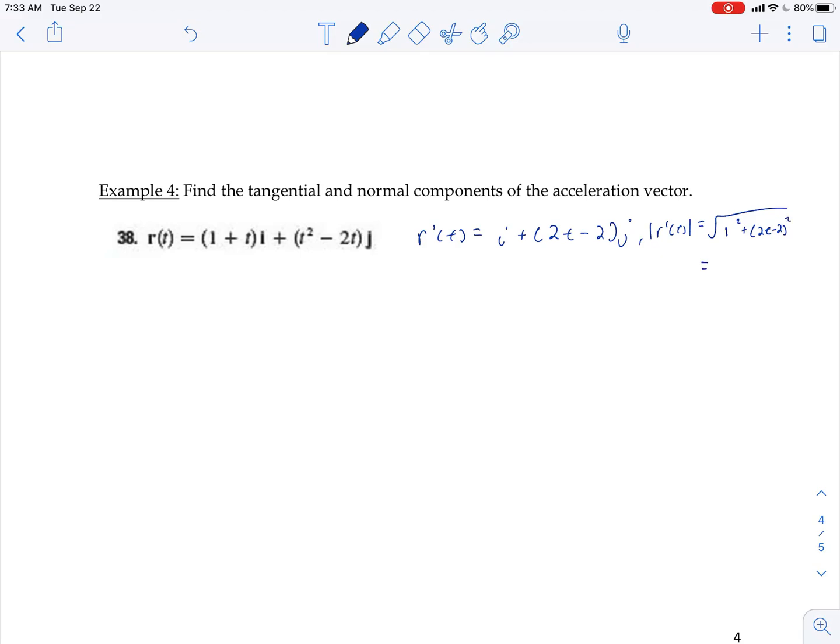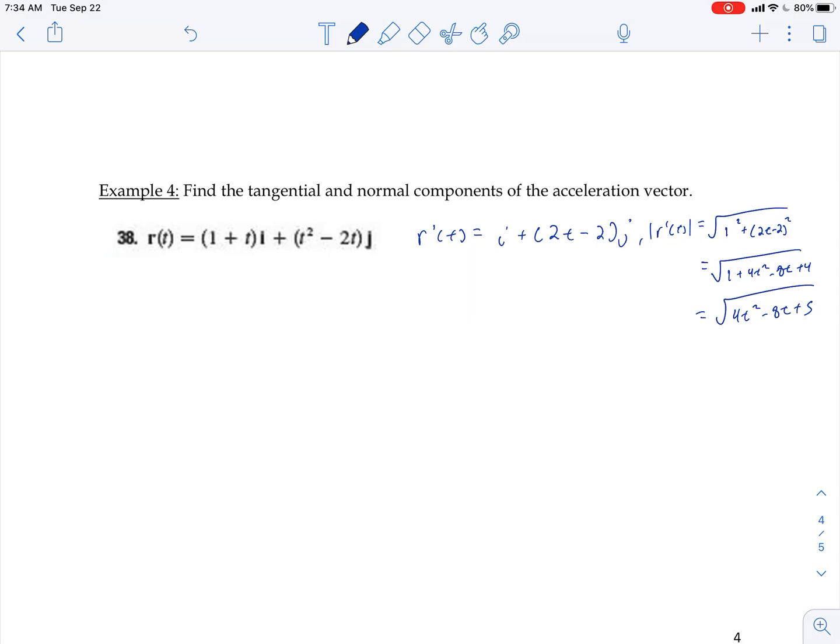Doing the math there, we get the square root of 1 plus 4t squared, 2t times negative 2 is minus 8t, and then plus 4. So we should get the square root of 4t squared minus 8t plus 5.